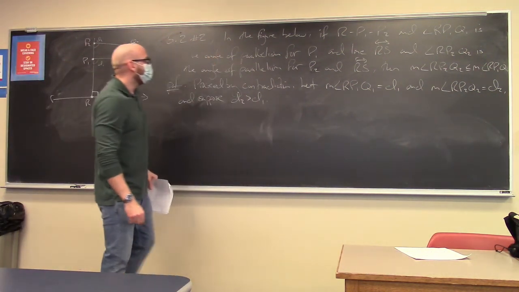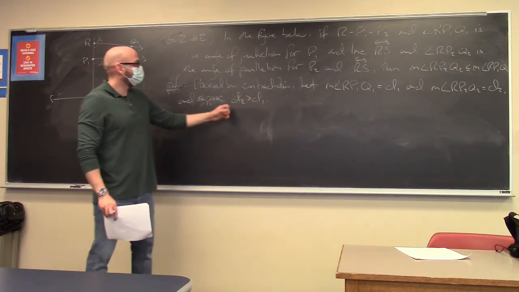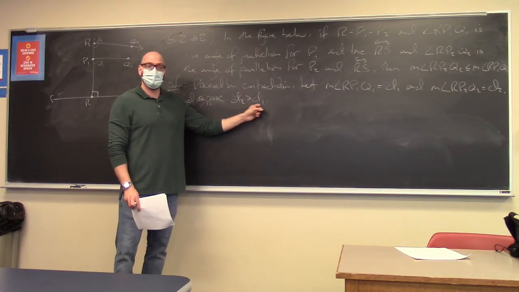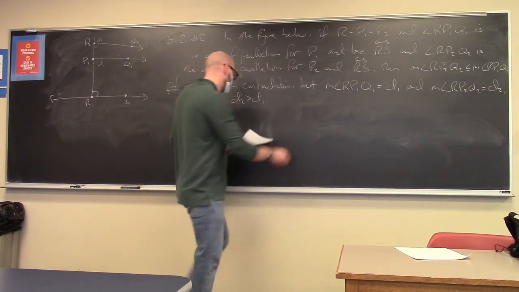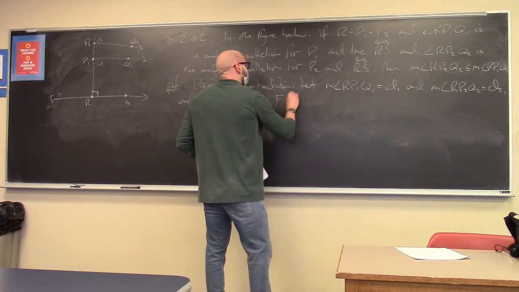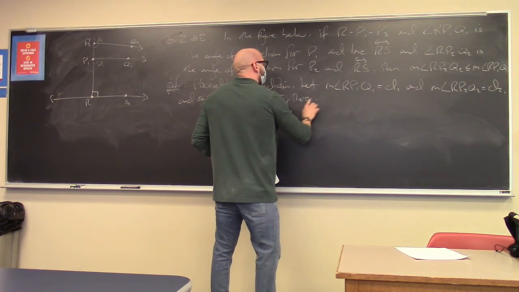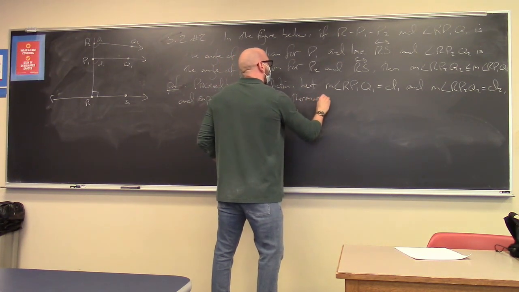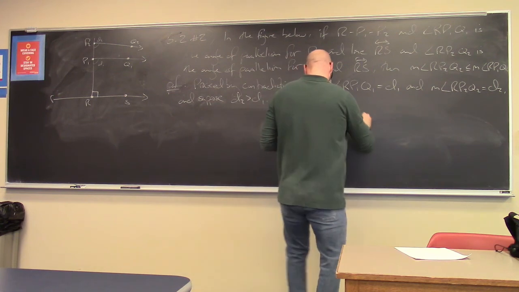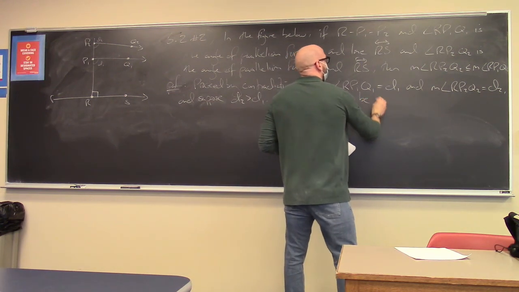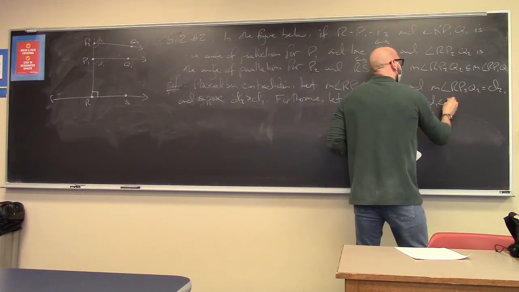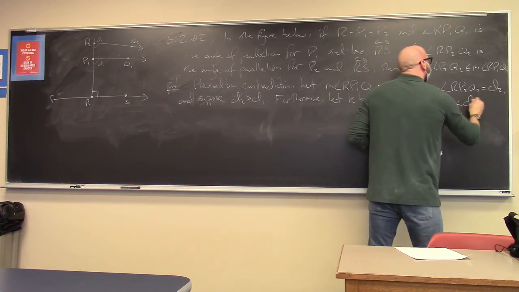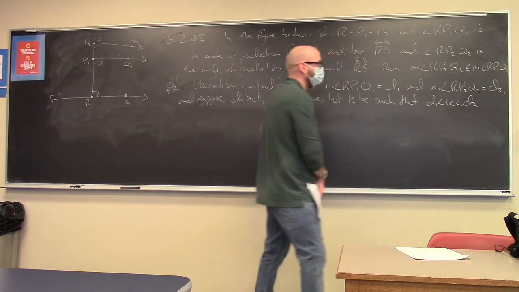Well, the nice thing about real numbers is if I have one real number that's strictly bigger than another one, then I can find another real number that's between them, right? So furthermore, let K be such that D1 is less than K, which is less than D2.